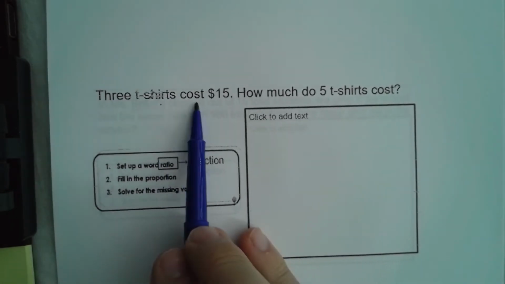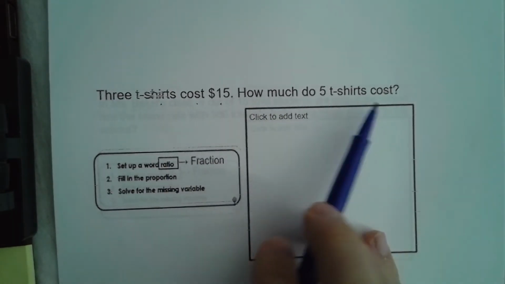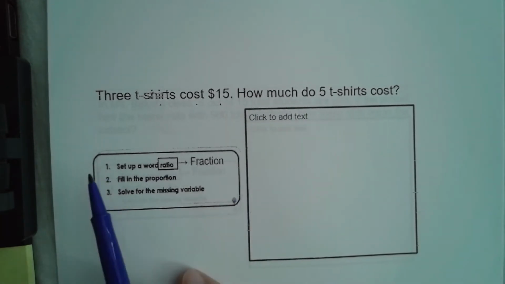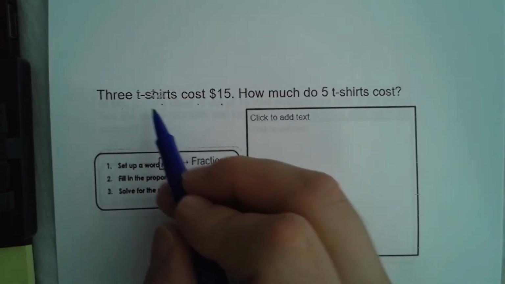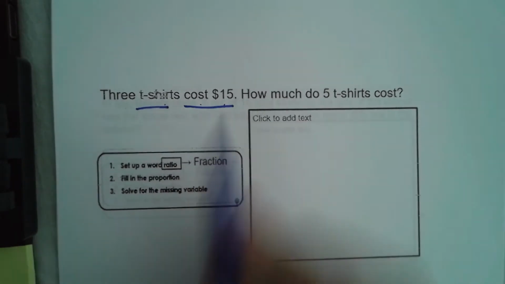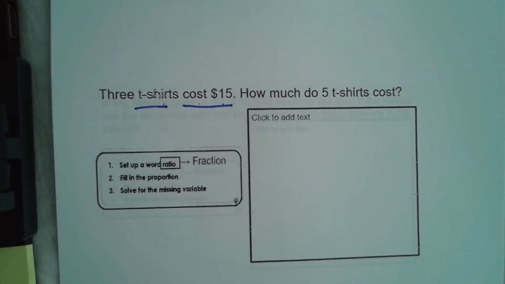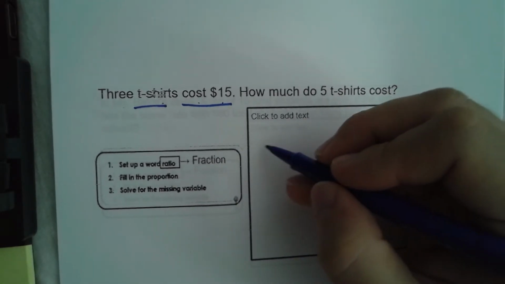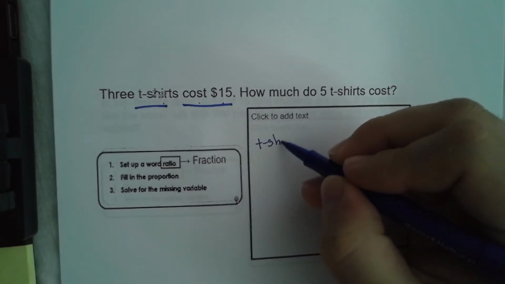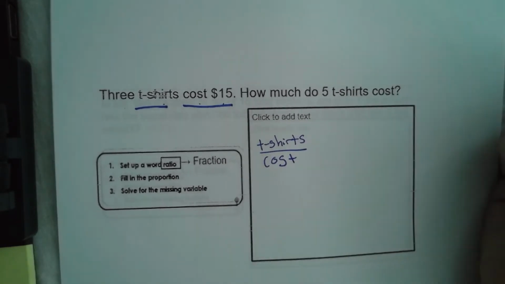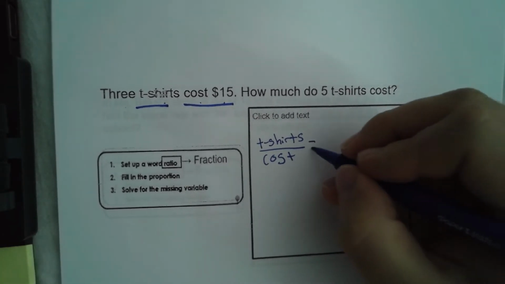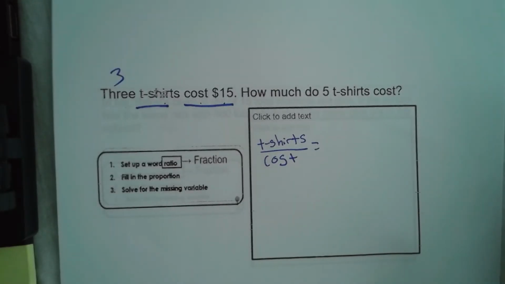3 t-shirts cost $15. How much do 5 t-shirts cost? Step 1, set up a word ratio. So 3 t-shirts cost $15. So I'm looking at the ratio between t-shirts and the cost, how much money I have to pay, right? It says 3 t-shirts cost $15.